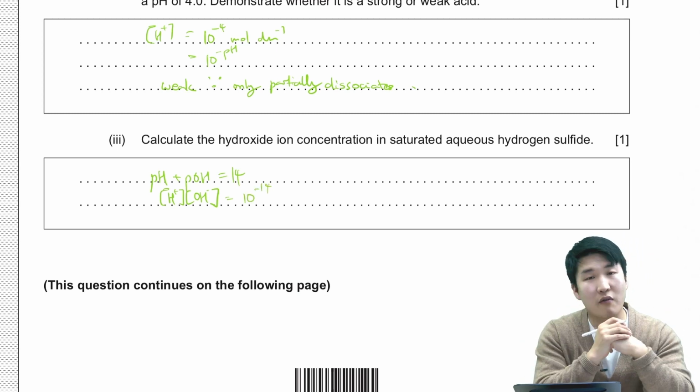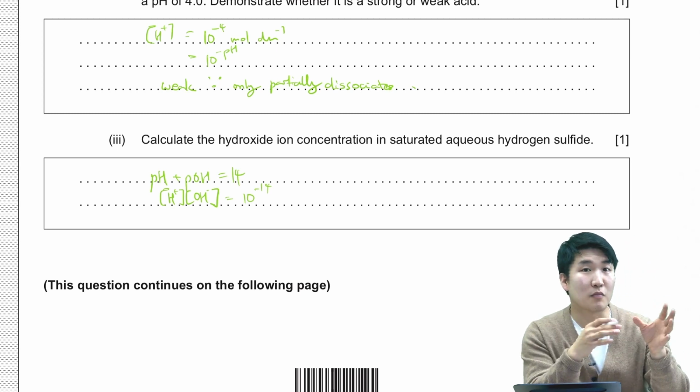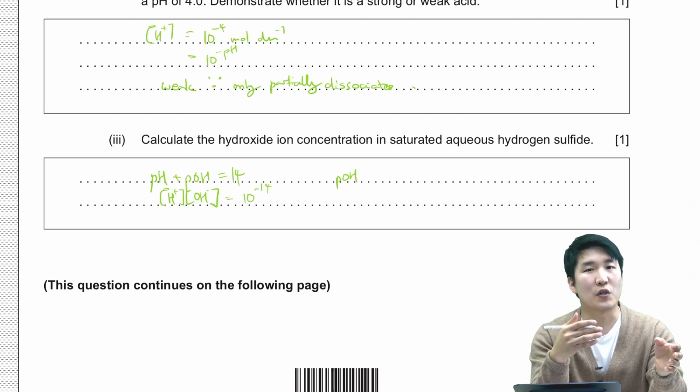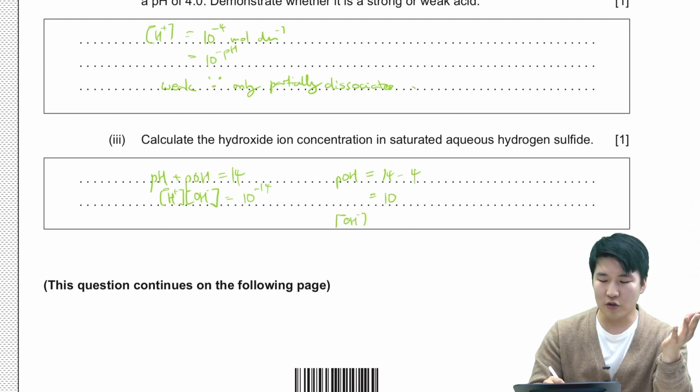Both derive from the same concept of the ionic product of water. Our pOH will give us the OH- concentration, and we can work out pOH by 14 minus pH, which is 4, as we're told in the preceding question. pOH being 10, the OH- concentration will be 10^-pOH, which is 10^-10 mol dm^-3.